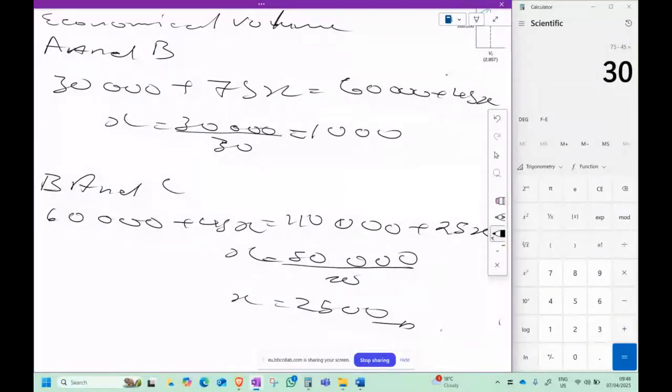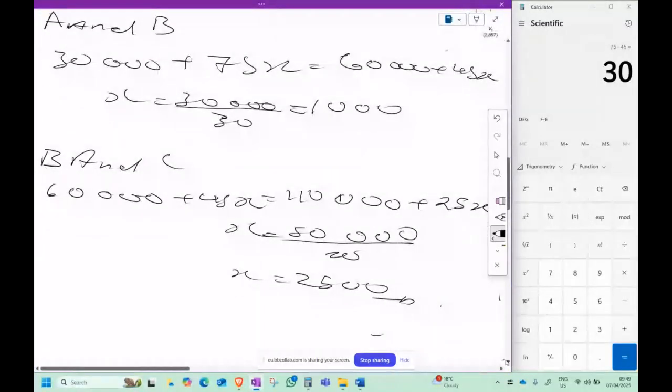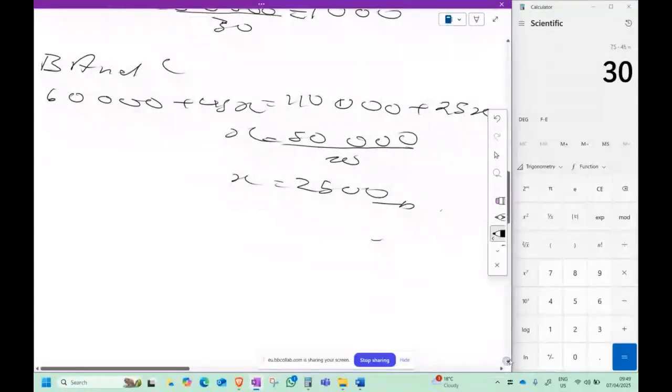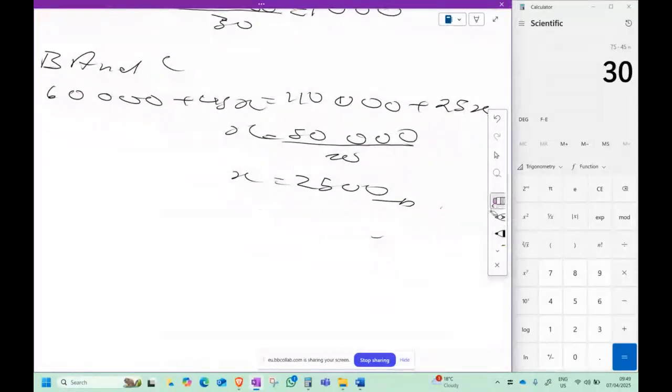Okay. So these are your x's. We haven't yet determined their y's. So let's do their y's quickly. Determining the y for x at 1,000 units.